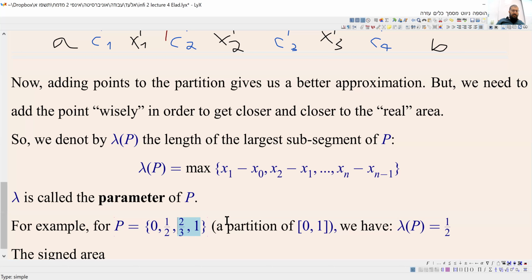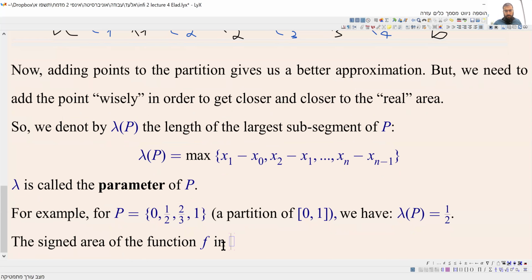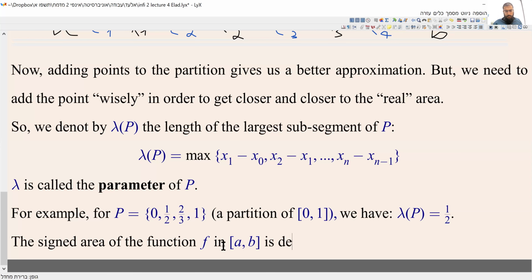So now, what is the signed area of the function f in the segment AB? It is defined as follows.